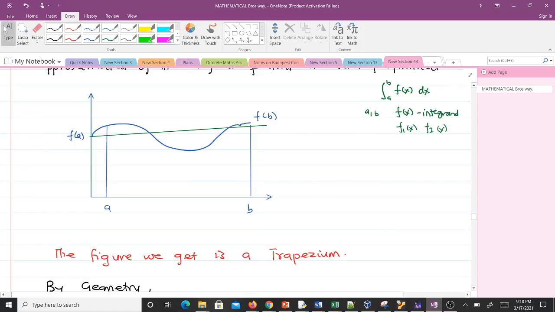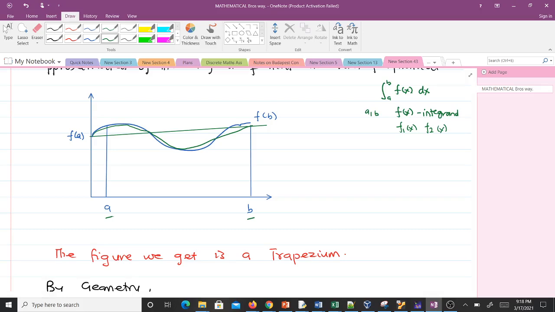Let's take this figure here. You can see that we have 2 points, a and b, and we have a curve here. We are supposed to find the area under this curve, which is somewhat complicated to do.